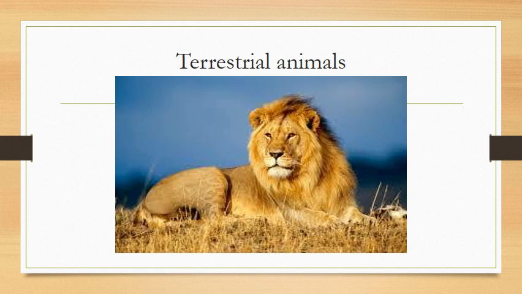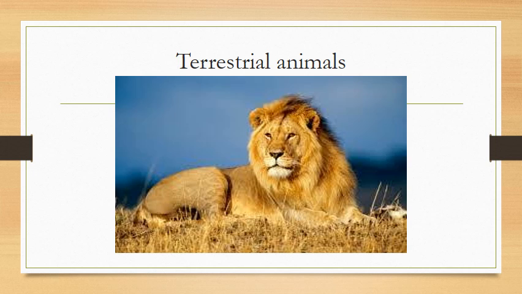Now first we will learn about terrestrial animals. So as we have learned in the terrestrial plant, the plant that grows on land is known as a terrestrial plant. Same for the animal. Those animals which live on the land are known as terrestrial animals.